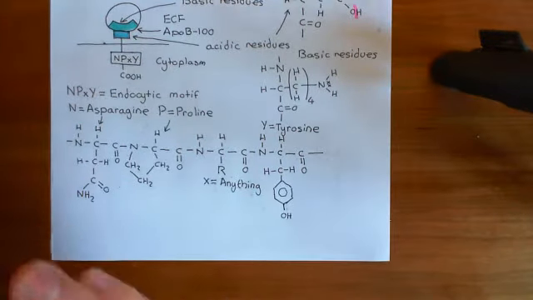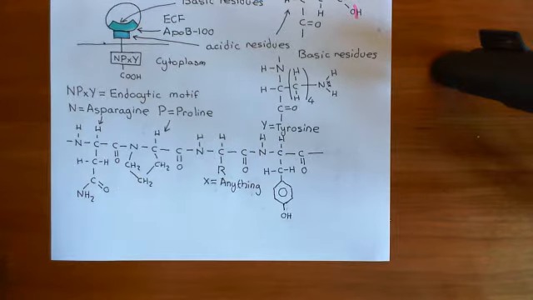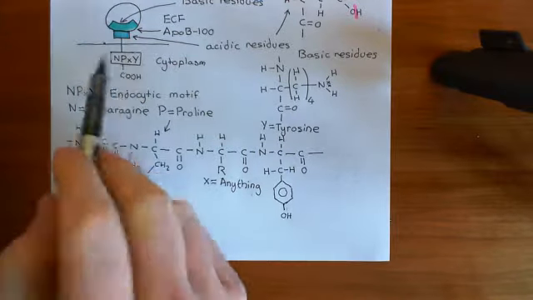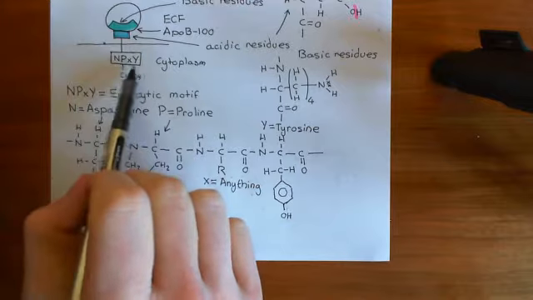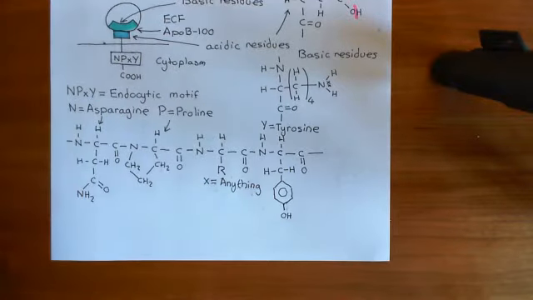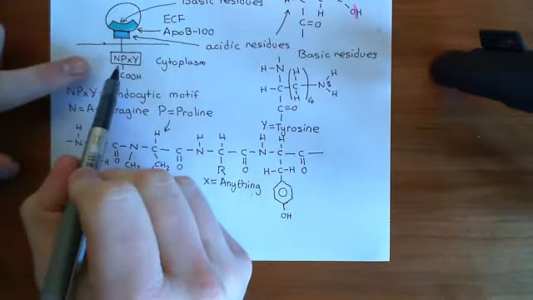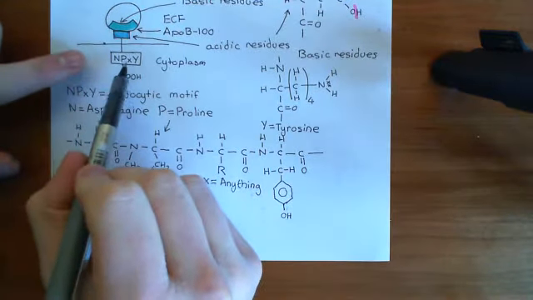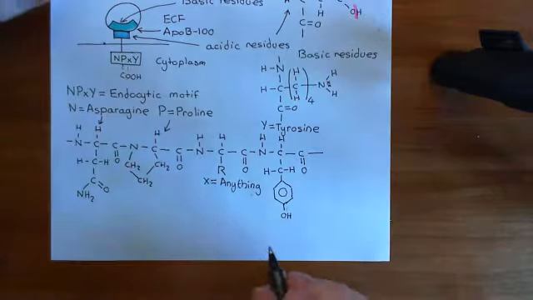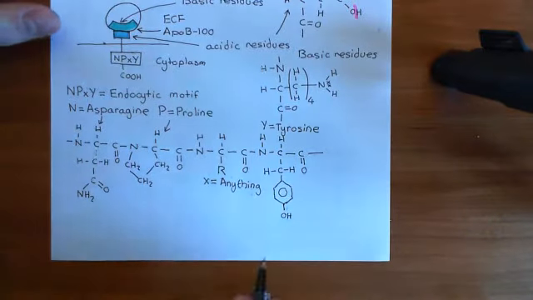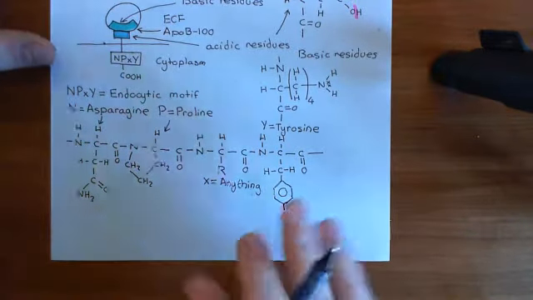So something about the binding of LDL to the LDL receptor will change the exposure of this NPXY motif so that it can now interact with downstream proteins to cause the endocytosis of the LDL receptor. Okay, so what's now going to happen is another protein is going to come and bind to this NPXY endocytic motif, and this next protein is an adaptor protein.